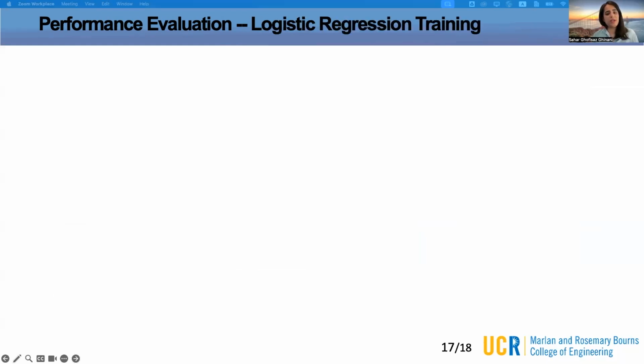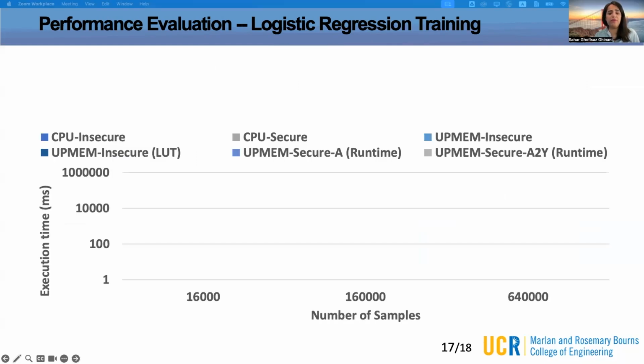For logistic regression, we again have the same kind of baselines, but here we have two different implementations for UPMEM Insecure: one is LUT-based, and the other is a non-LUT-based implementation of the activation function.